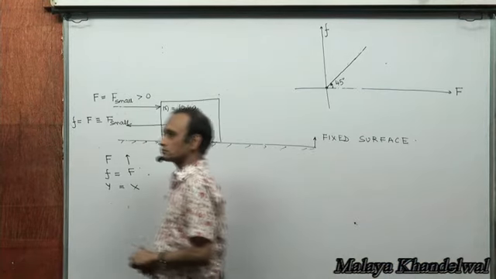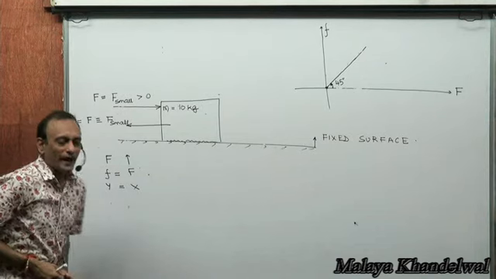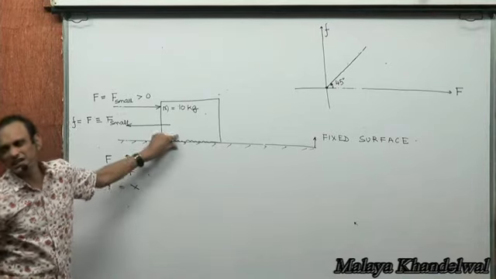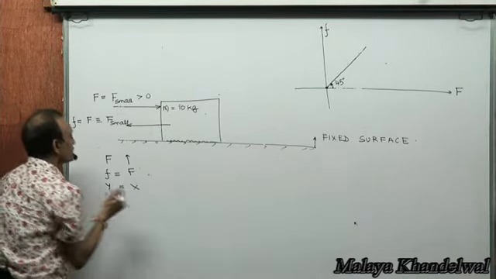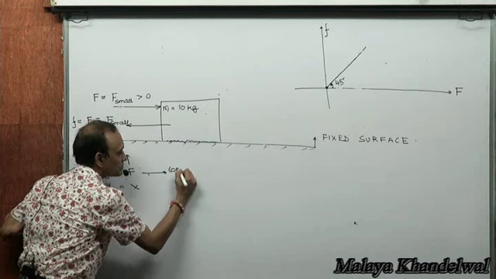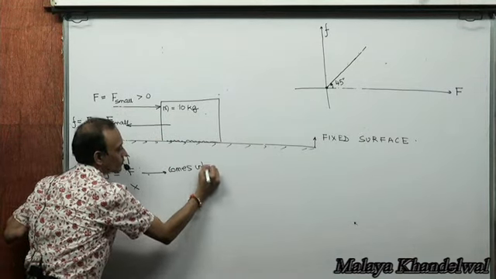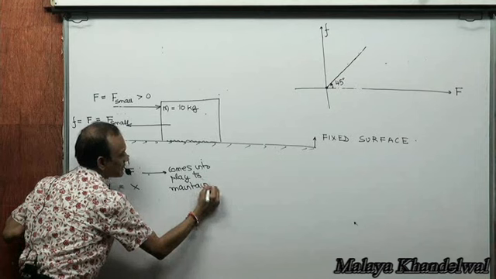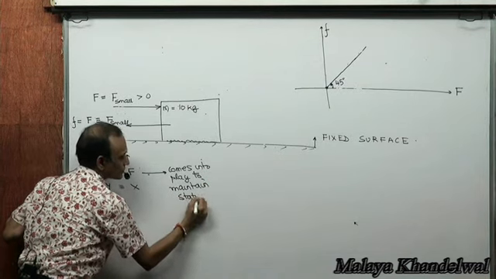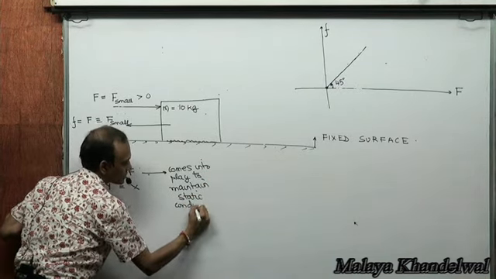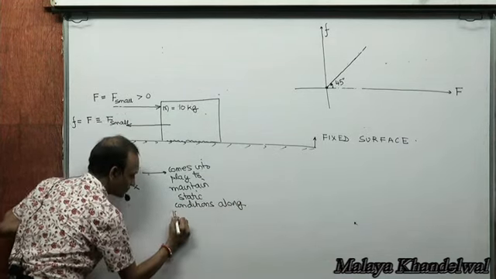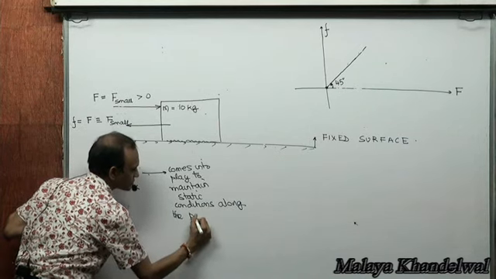Now, why has friction acted? Friction has acted in this case to preserve static conditions between the two surfaces. This friction comes into play to maintain static conditions along the parallel direction.